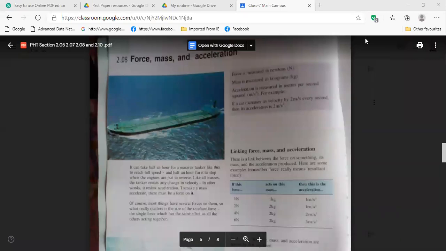Can anyone please tell me from your copy what's written about the definition of force? Saleha, can you please tell me what is written in your copy about the definition of force?